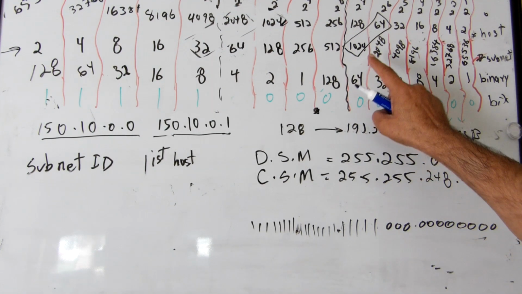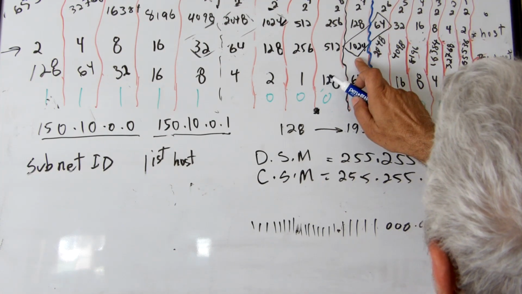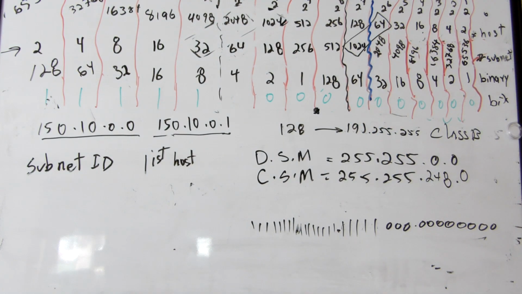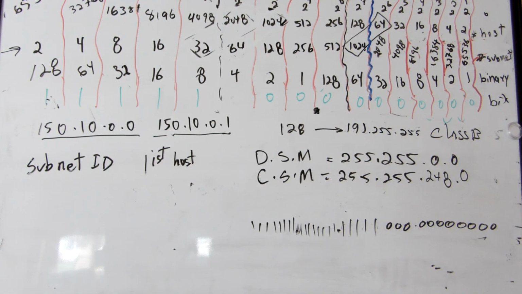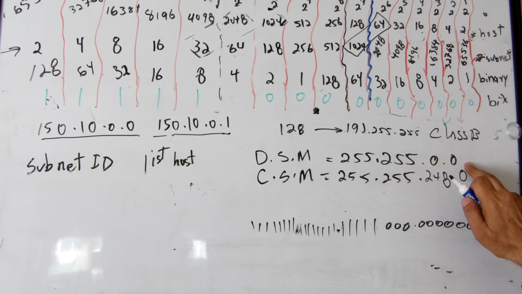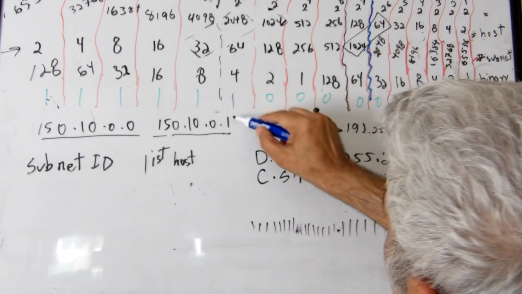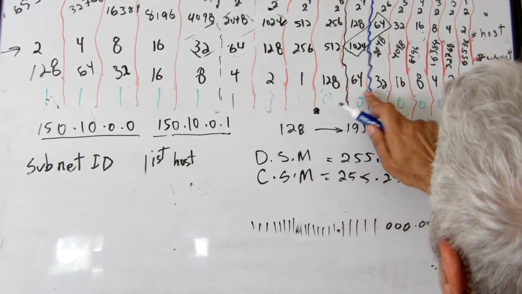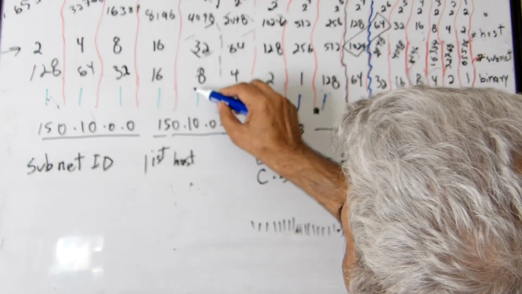If they need 1024 subnets, you choose this one, and then the number of hosts in each subnet is going to be 64. So the default subnet mask is the same, but the custom subnet mask is different. This is going to be 1, 1, 1, 1, 1, 1, 1.